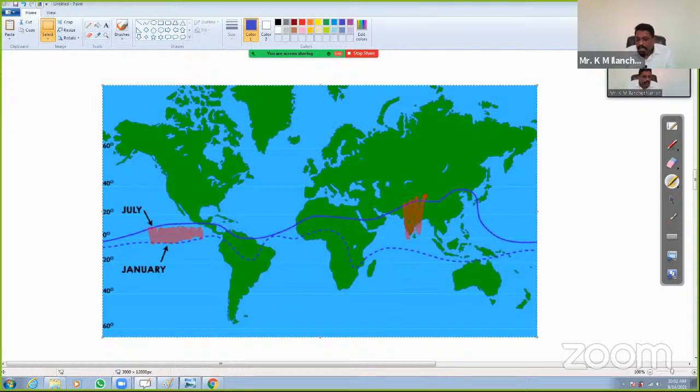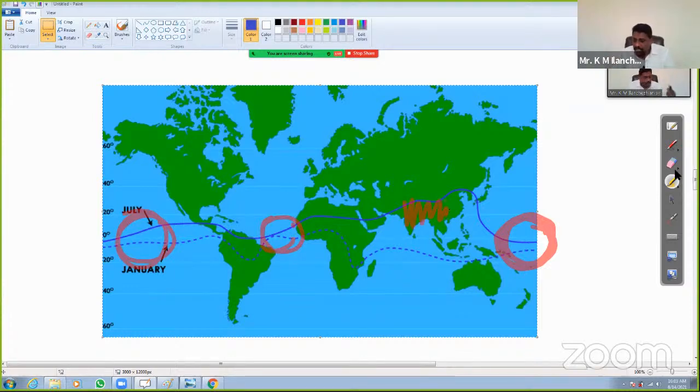Wherever you have land, the fluctuation will be maximum. Because water maintains temperature. If it is only water, north and south, the fluctuation is minimum, my friend. If you have land in between, the fluctuation is maximum.